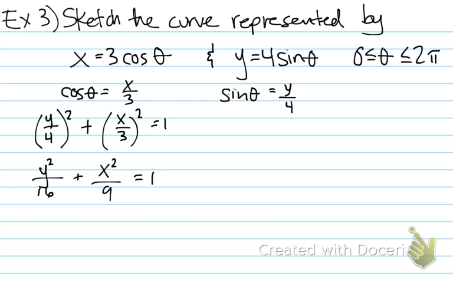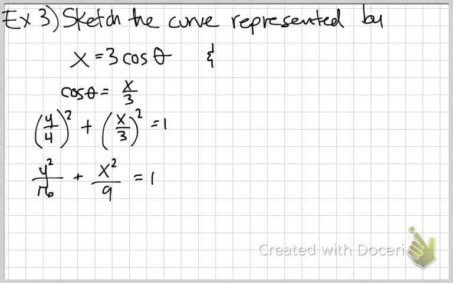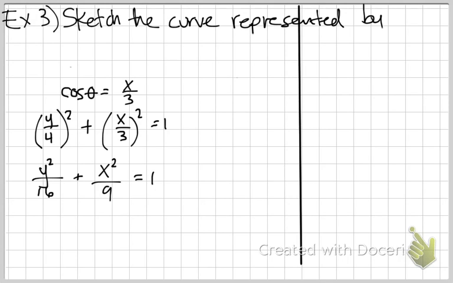If I can pull up some graph paper, let me erase some of this stuff. This ellipse is centered at 0, 0 because the x and the y have nothing being added to them. On the y-axis it goes to plus or minus 4 because the 16 is under the y and the square root of 16 is 4.